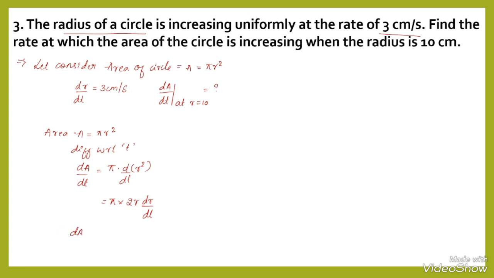We want dA by dt at r equals 10. So we have 2 pi r, and dr by dt is 3. Now I can substitute: 2 into 3, 6 pi, and the radius is 10, so 6 into 10, 60 pi centimeter square per second.